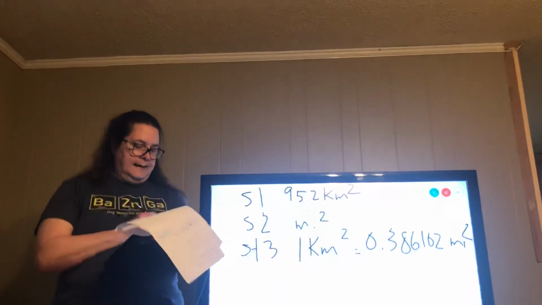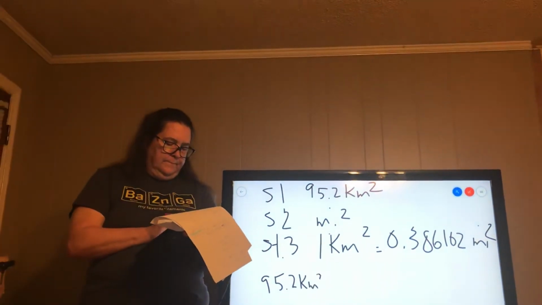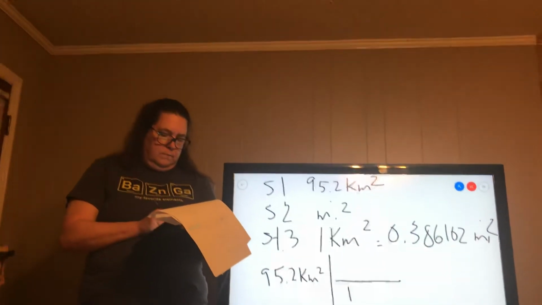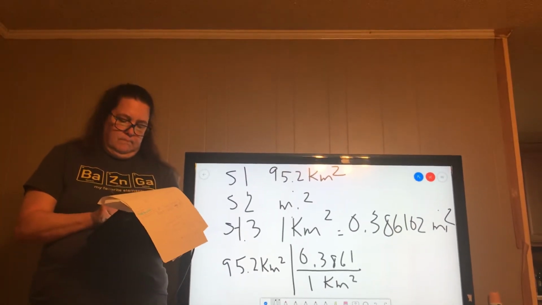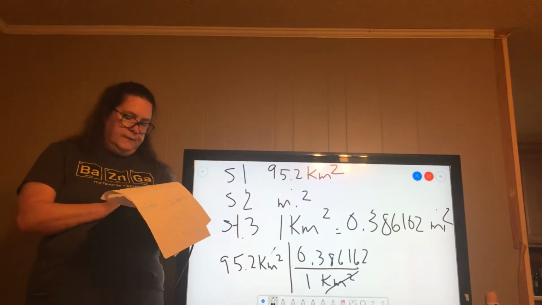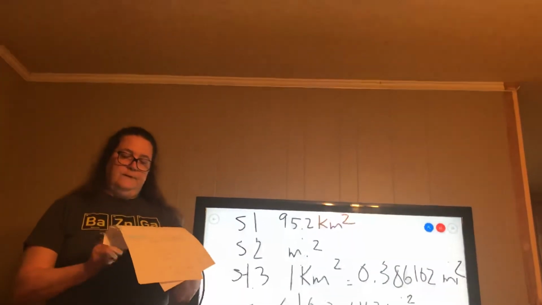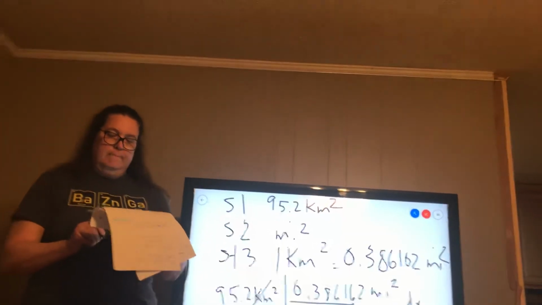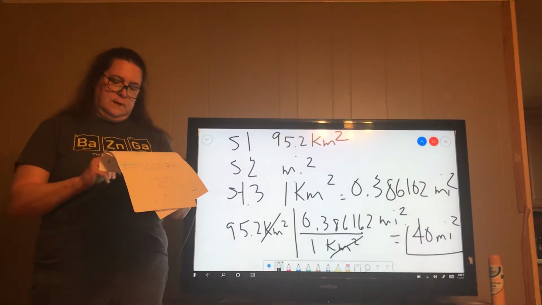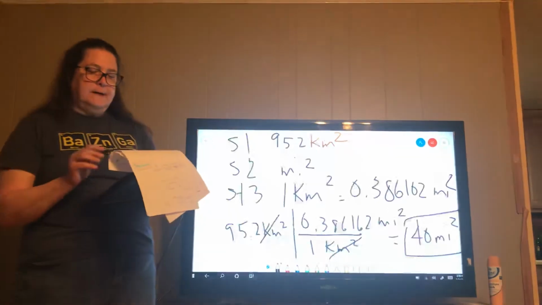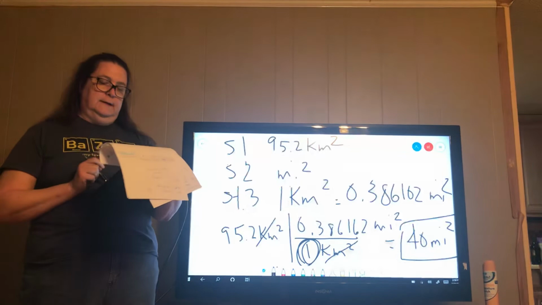So when I line it up, I get 95.2 kilometers squared, and kilometers squared cancel out. And we get, after significant figures, you should get 40 miles squared. Okay, that should be your answer because we have 1 sig fig there. So our answer has to be with 1 significant figure.